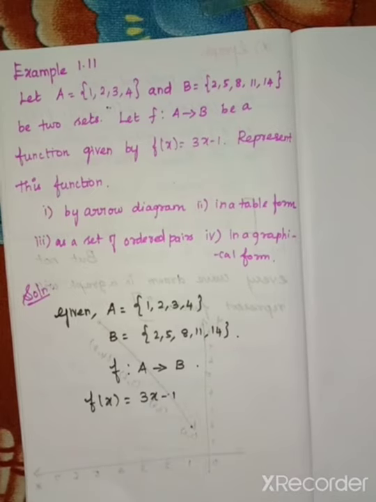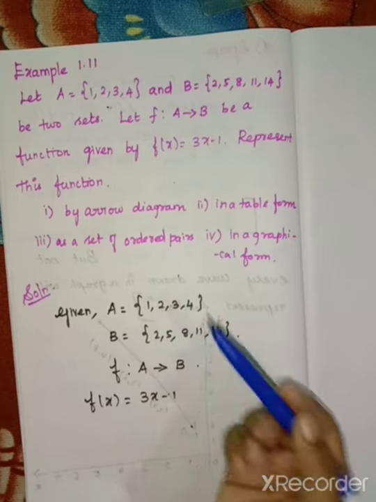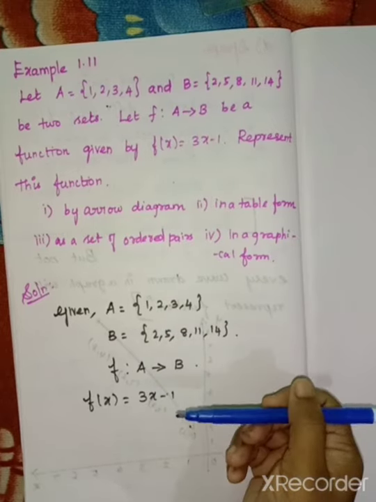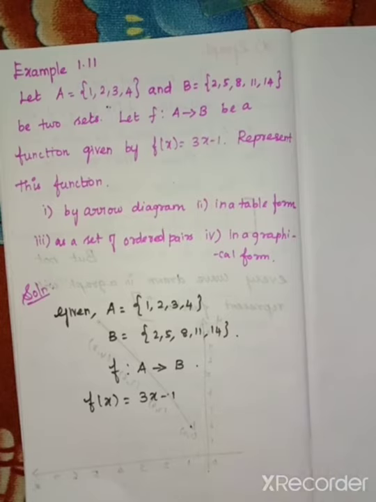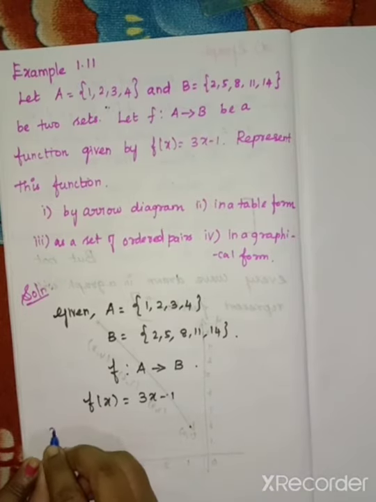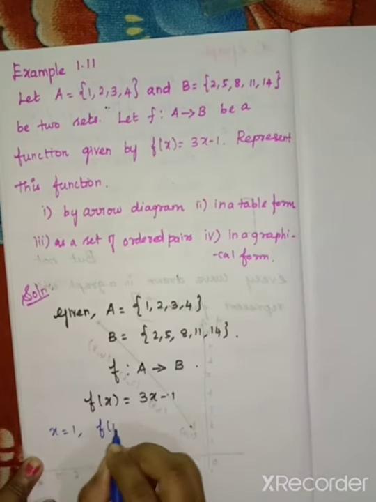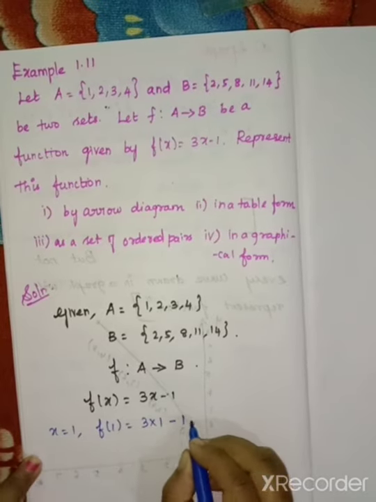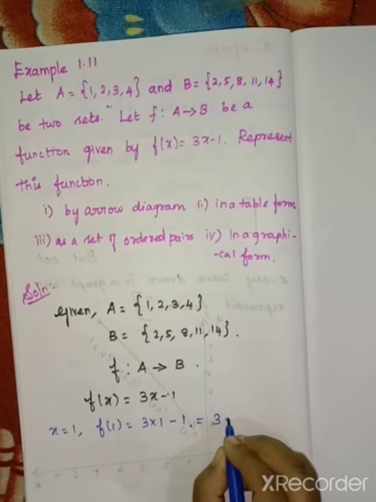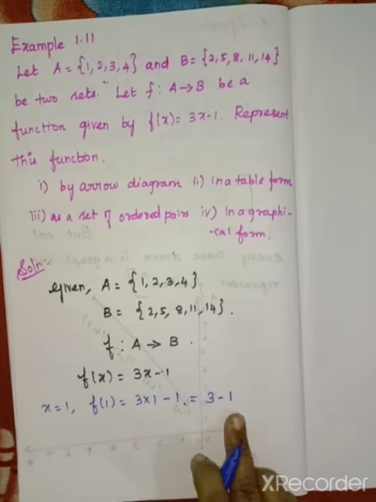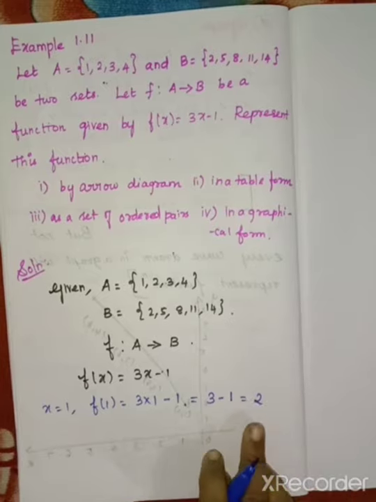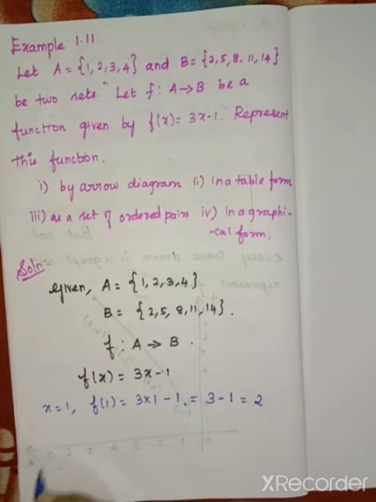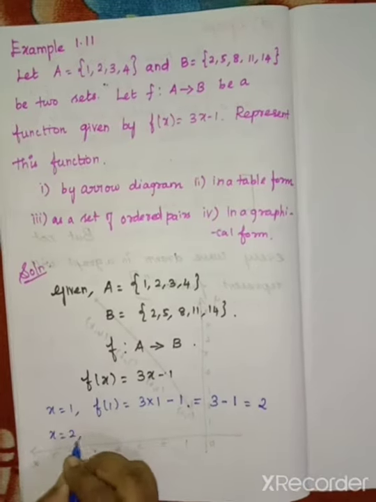So from A to B, you have to substitute the x value, and the answer must be in the B set. So here x equal to 1. So f of 1 equal to 3 into 1 minus 1. So 3 ones are 3, minus 1. If you subtract, we get 2. 2 is in the B set. Then likewise x equal to 2.